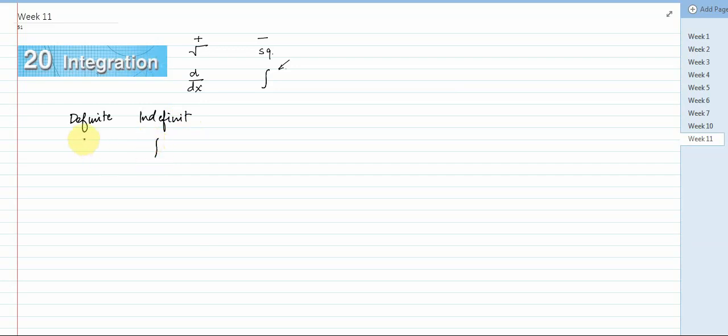But when we talk about definite integral, so we need to apply limits in the definite integral. Alright. In indefinite integral, at the end of the solution, we always have a constant c, always, in every question of indefinite integral. But in definite integral, there is no sign of constant present in the answer.